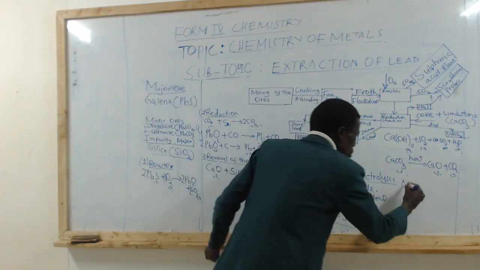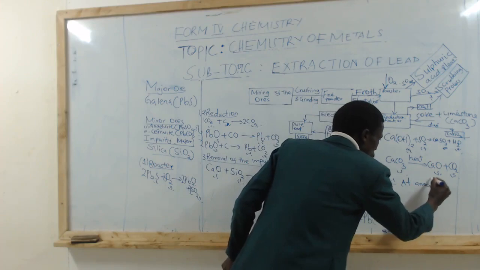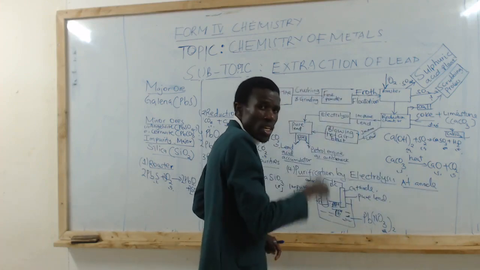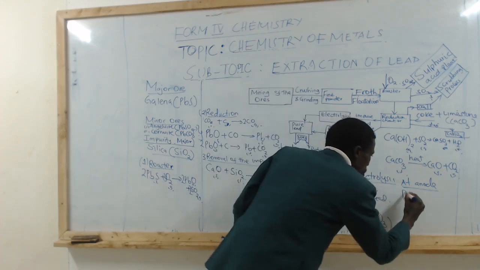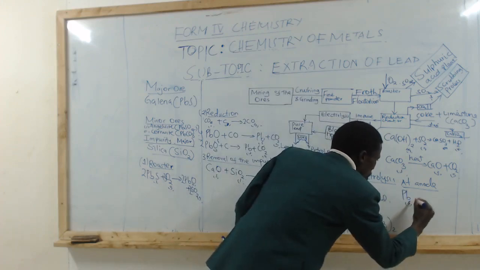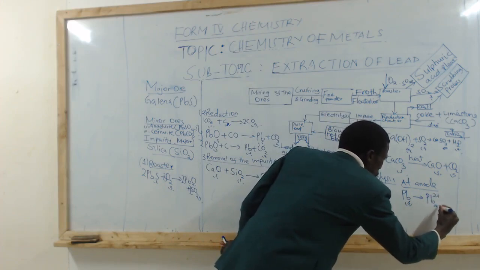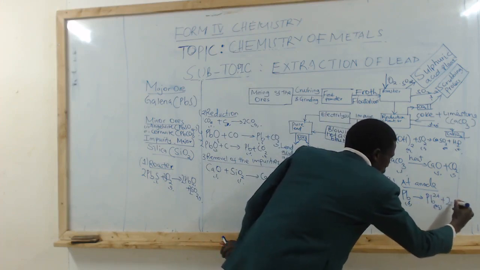Now at the anode, we have the impure lead dissolving into its solution, producing lead ions and two electrons.